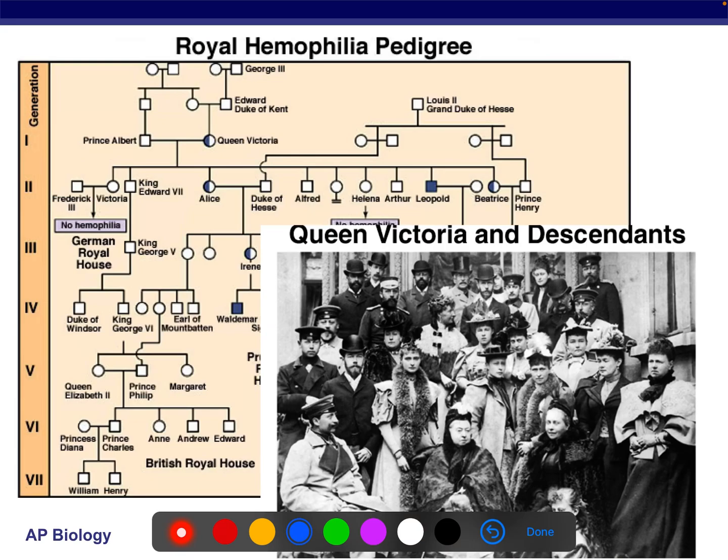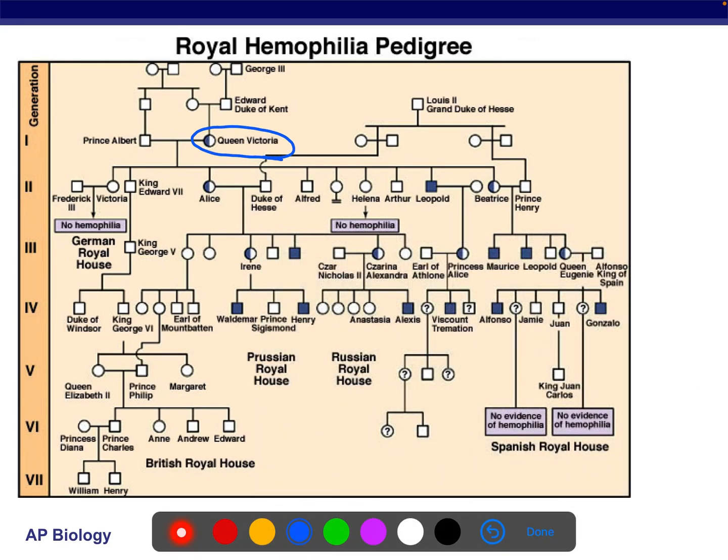We see probably the most famous sex linkage family is the royal family in the countries of Europe. And so Queen Victoria, she was a carrier for hemophilia.